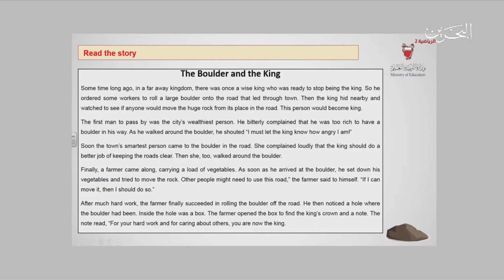After much hard work, the farmer finally succeeded in rolling the blunder off the road. He then noticed a hole where the blunder had been. Inside the hole was a box. The farmer opened the box to find the king's crown and a note. The note read, "For your hard work and for caring about others, you are now the king."